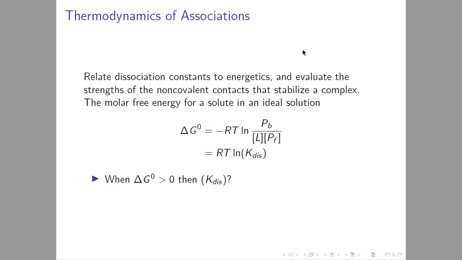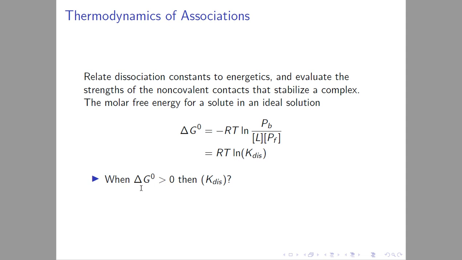First, the thermodynamics of association. Again, the non-covalent contacts stabilize the complex, so we find the molar Gibbs free energy. In solution, delta G equals this equation: minus RT ln K association, or RT ln K dissociation.